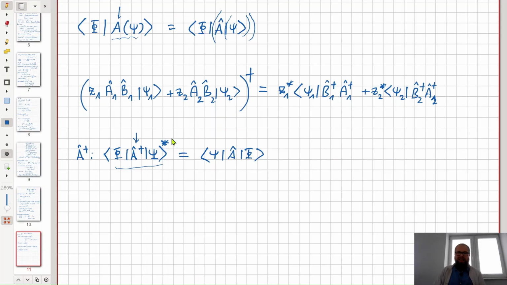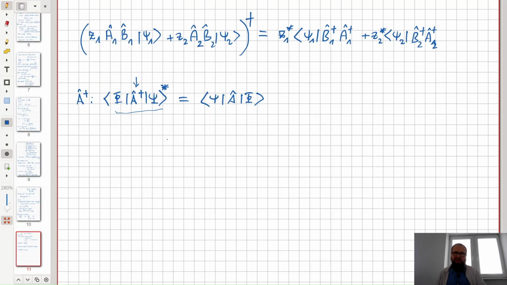So you can abuse this notation a little bit and say okay, this relation that psi dagger is bra of psi.